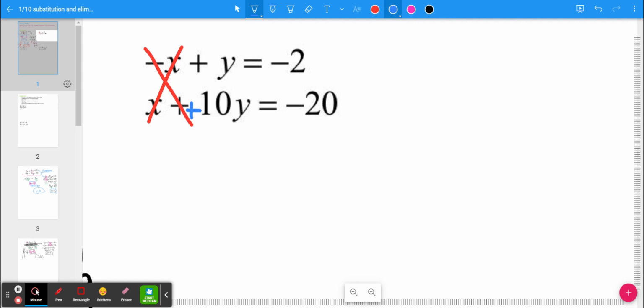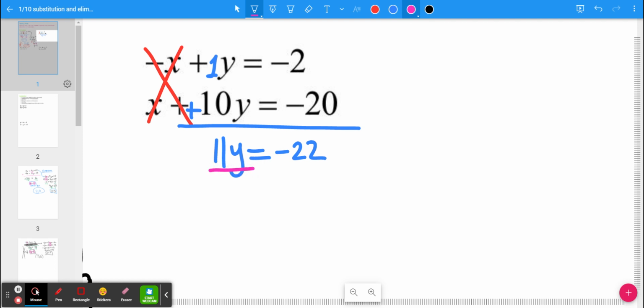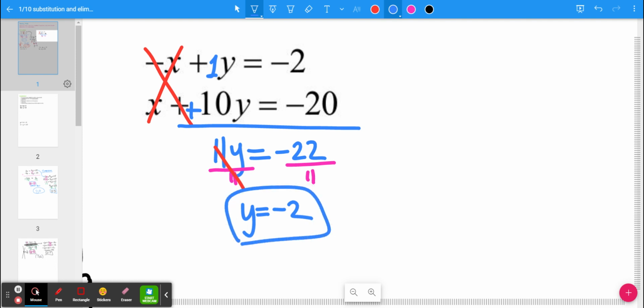Now I'll go through and add my equations. 1y plus 10y gives me 11y. -2 plus a -20 gives me -22. Now I can solve for y. The 11's cancel out, and you're just left with y equals -2. So again, this is only half of my answer.